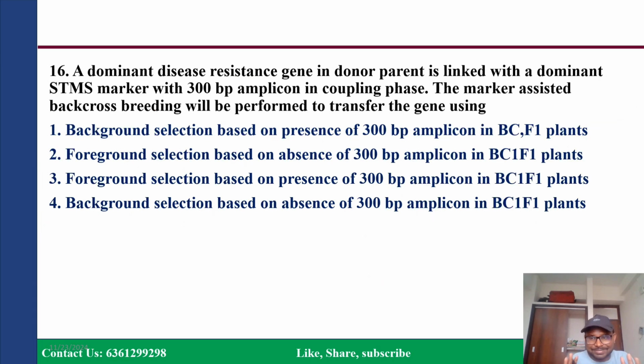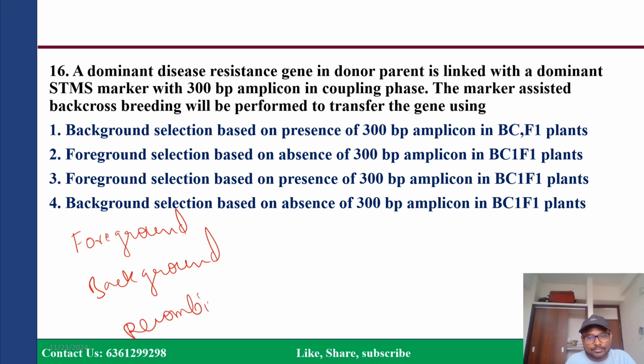Then, it's also a very simple question if you know three things: what is foreground selection, what is background selection, and recombinant selection. Foreground selection: you are using a marker to select the desirable trait.